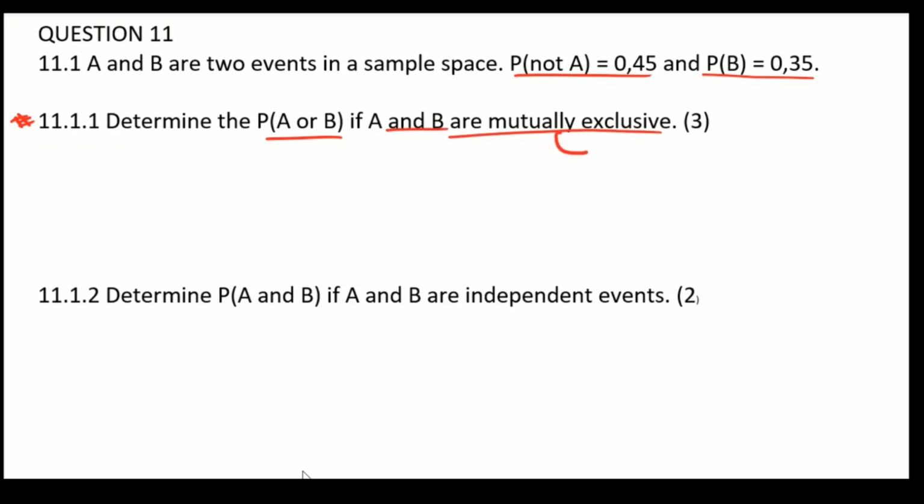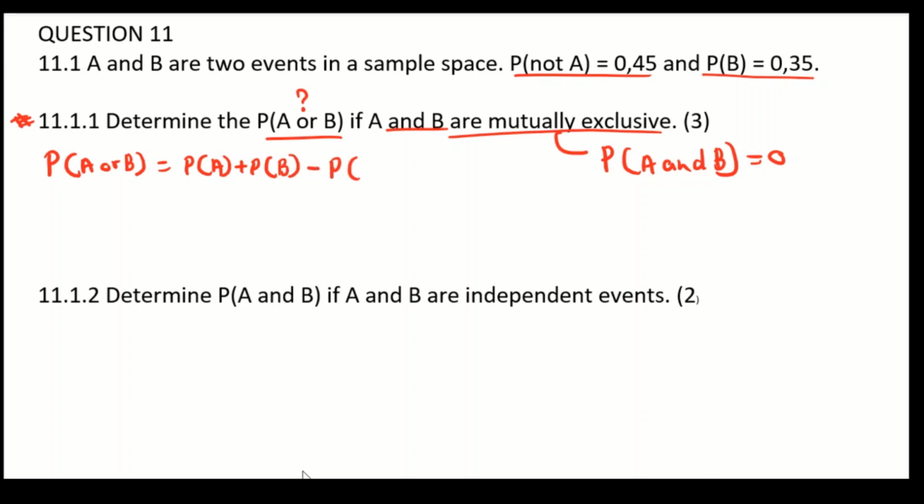So mutually exclusive events have no intersection. So this is an intersection, A and B is equal to 0, right? To find this, we need to write down the formula. The formula of P of A or B is equal to the probability of A plus the probability of B minus the probability of A and B, of which we just stated that the probability of A and B is equal to 0.